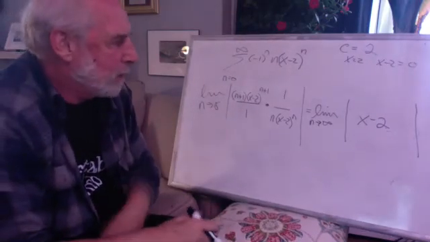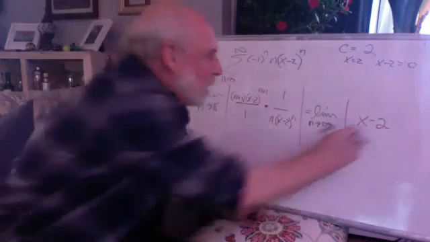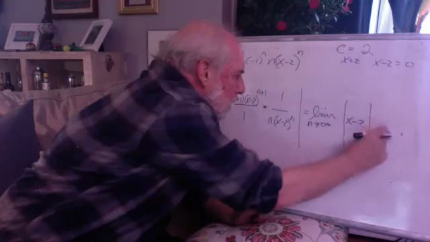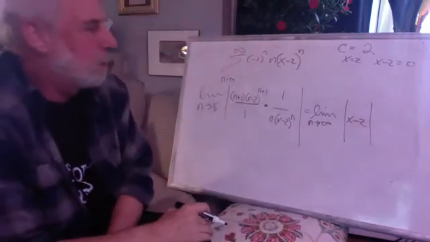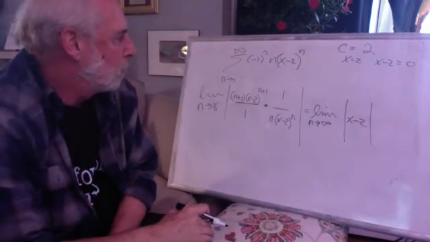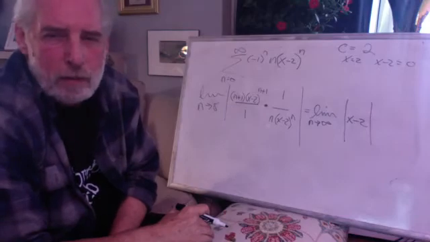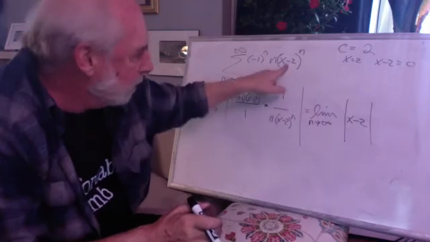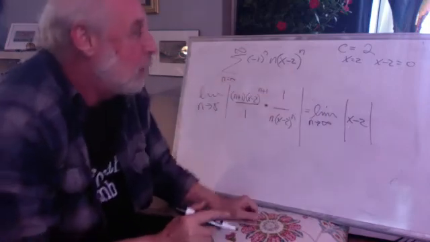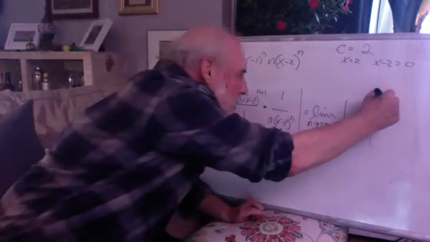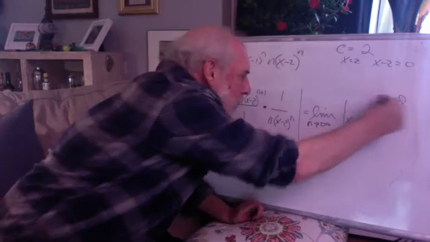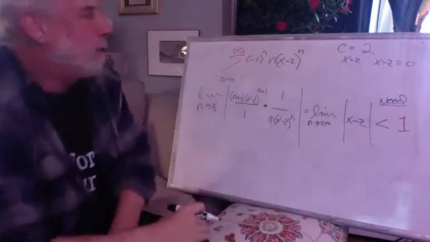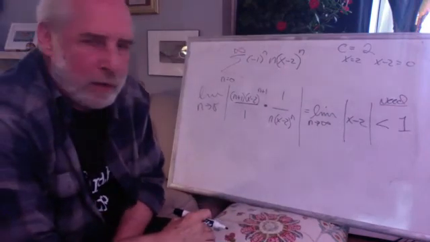Everything else cancels out. So you're always left with an x to the first. In this case, we got this minus 2 on here. And what we need is the absolute value of that to be less than 1.